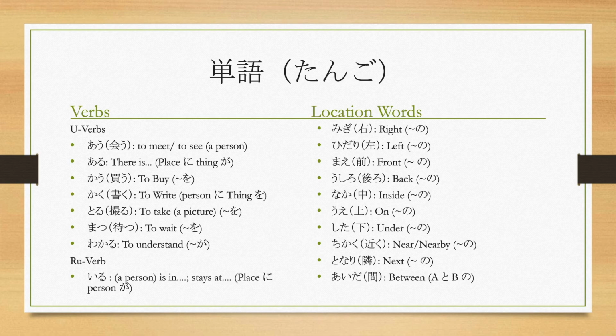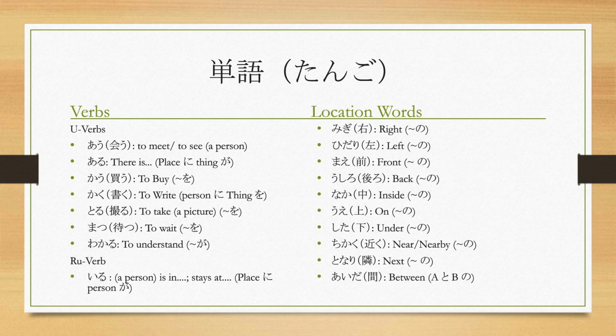Toru, to take a picture, not just to take something; it's specifically for a picture. Matsu, to wait. Wakaru, to understand. So if someone is telling you something, you say wakarimasu, I understand, or wakarimasen, I do not understand.